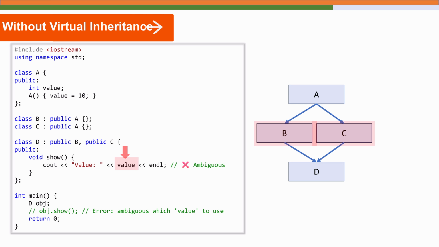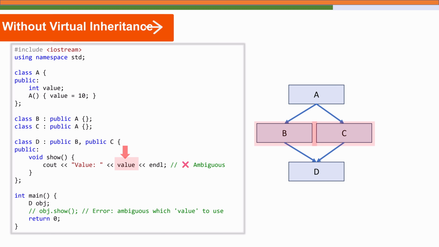It asks which value, either B's copy of A or class C's copy of A, because D contains both, as it is inheriting from both of these classes. Internally memory looks like D having both versions. It sees two separate A objects. So that's why it is ambiguous.